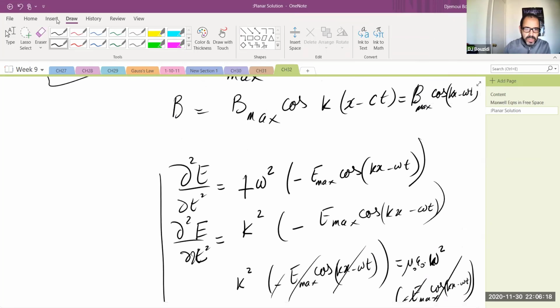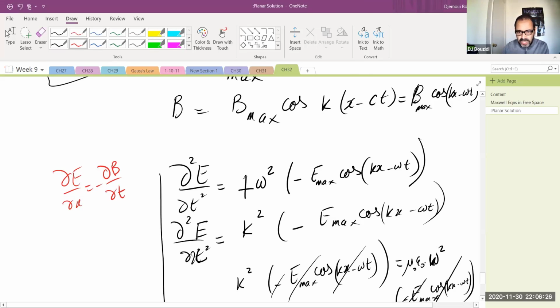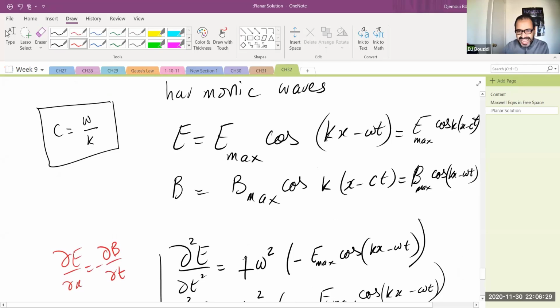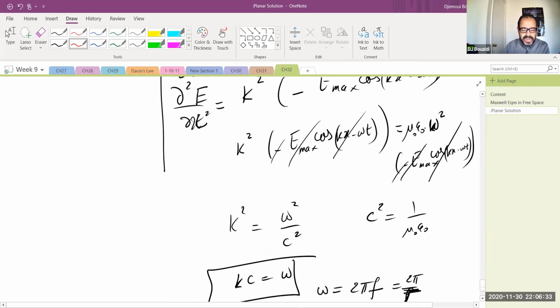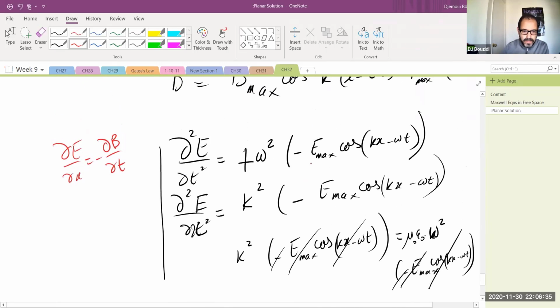So, let me write with the red pen. dE with respect to x is just k times this whole thing with a negative sign. So it's going to be k times E max, with a negative sign by the way, times sine of kx minus omega t.